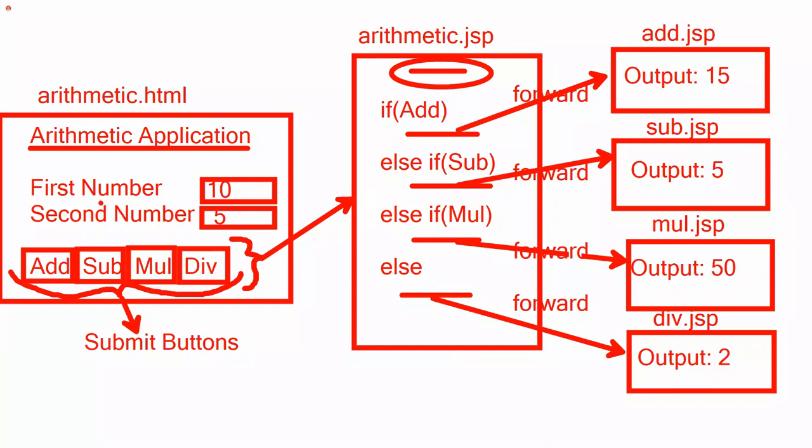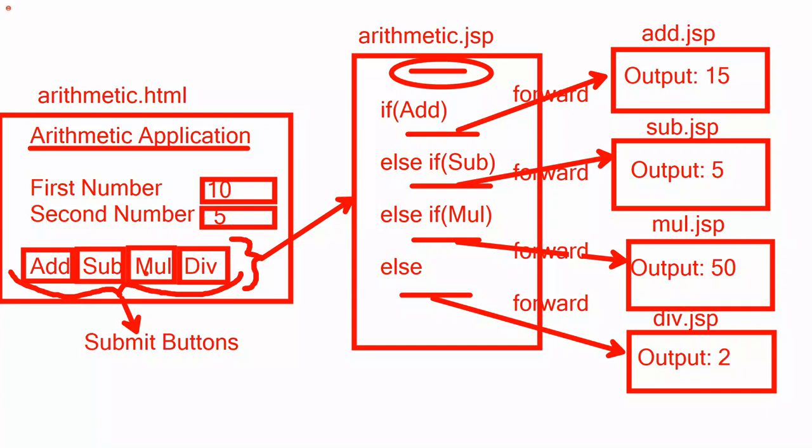Here input type equals text, name equals first, and input type equals text, name equals second. Whatever you type here is the value: name is first, value is 10; name is second, value is 5.